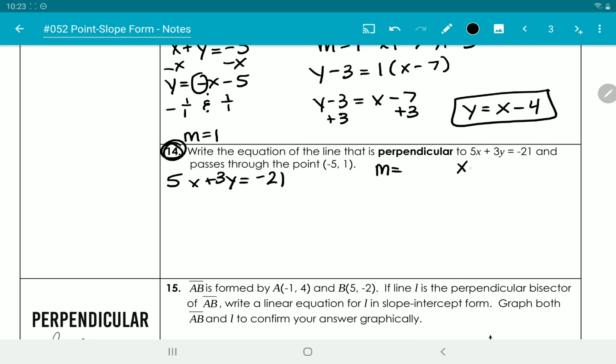And then the x value is -5 and the y value is 1. And you can go ahead and substitute those into these points. So this is going to be y1, this is going to be m, and this is going to be x1. And then you're just going to solve for y equals something times x plus some other number.